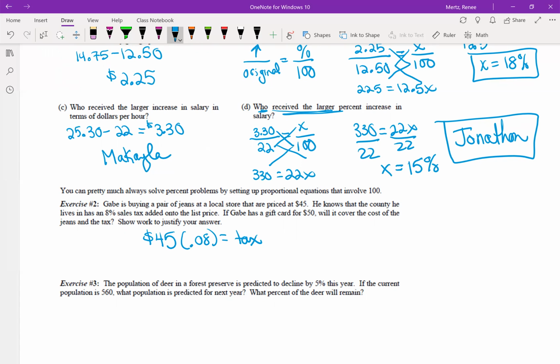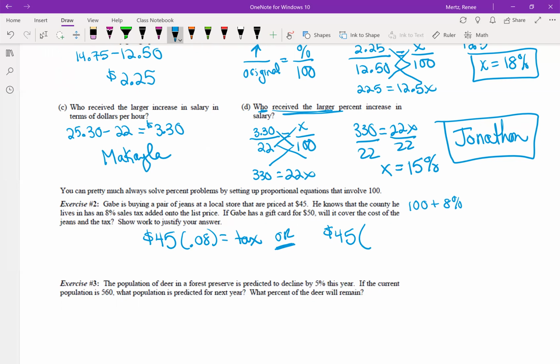Or if you want to make it easier, we can do it in one swoop and figure out what our total is. So we would take $45 and we're multiplying by the whole price, so the price plus the tax. We have to pay basically 100 plus 8%.